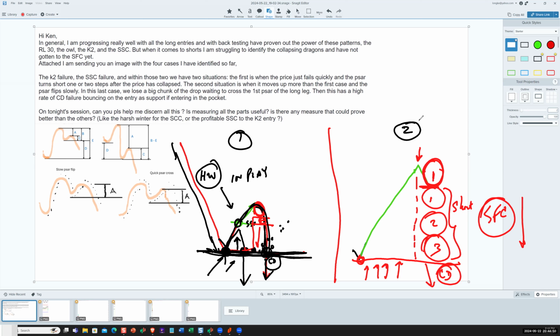Where you get a collapsing dragon in the optimistic scenario is if my SSC was successful, it pulled back, it made a higher low, and now maybe it crossed the dragon, and it gave me my little Kata 2 entry to the upside.